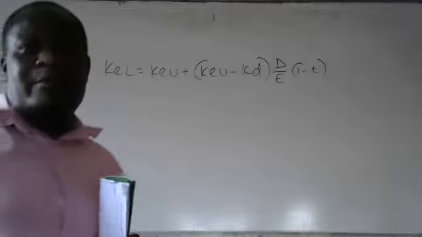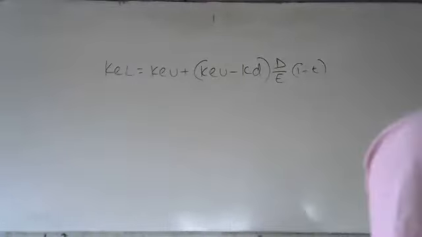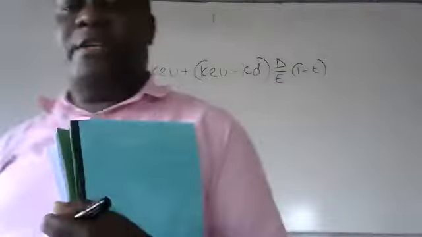Are you able to see that information? So when you express it, you will be able to come up with how to get KEL. You simply get KEU minus KD, then you multiply by D over E, then 1 minus the tax rate. That figure, you simply add on KEU, then you get KEL.